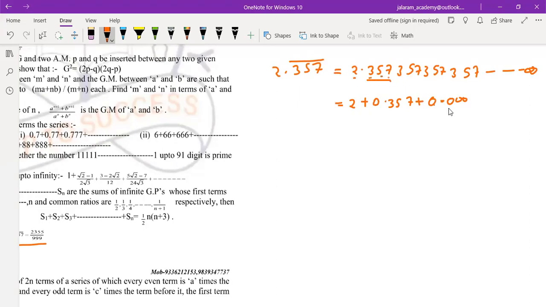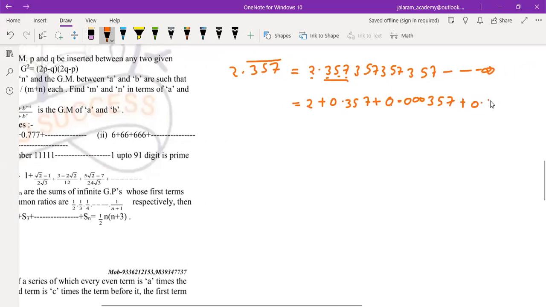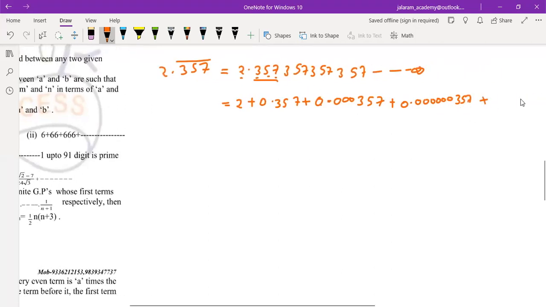In place of 357, 000. As on adding, it will be 2.357. These three terms are now added, it is 0 only. And then if this is also added, it gives 2.357357 plus again 0.000000, then 357, and so on up to infinity.